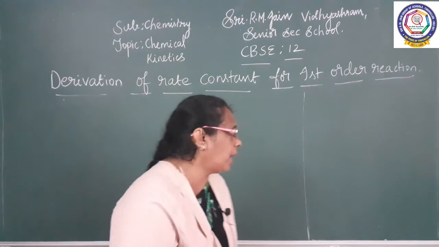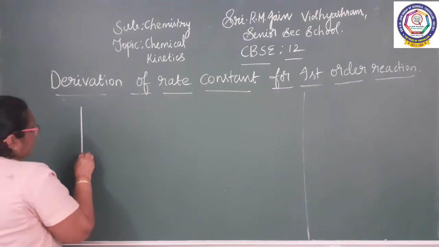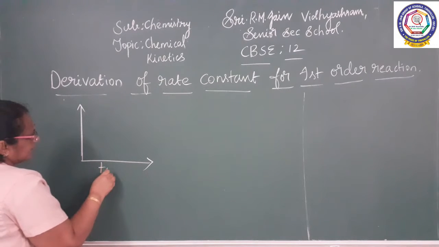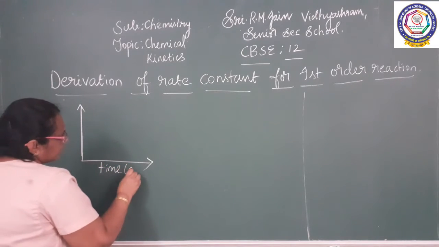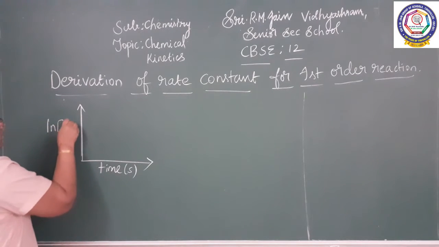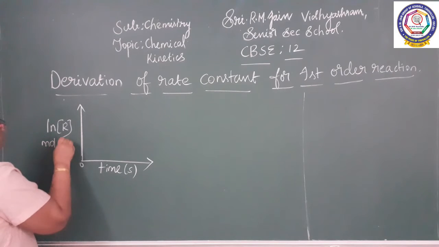So we are going to see now. Draw a graph. I am drawing a graph taking time in the x-axis, which is measured in seconds, and ln R in the y-axis, which is measured in mole per liter.